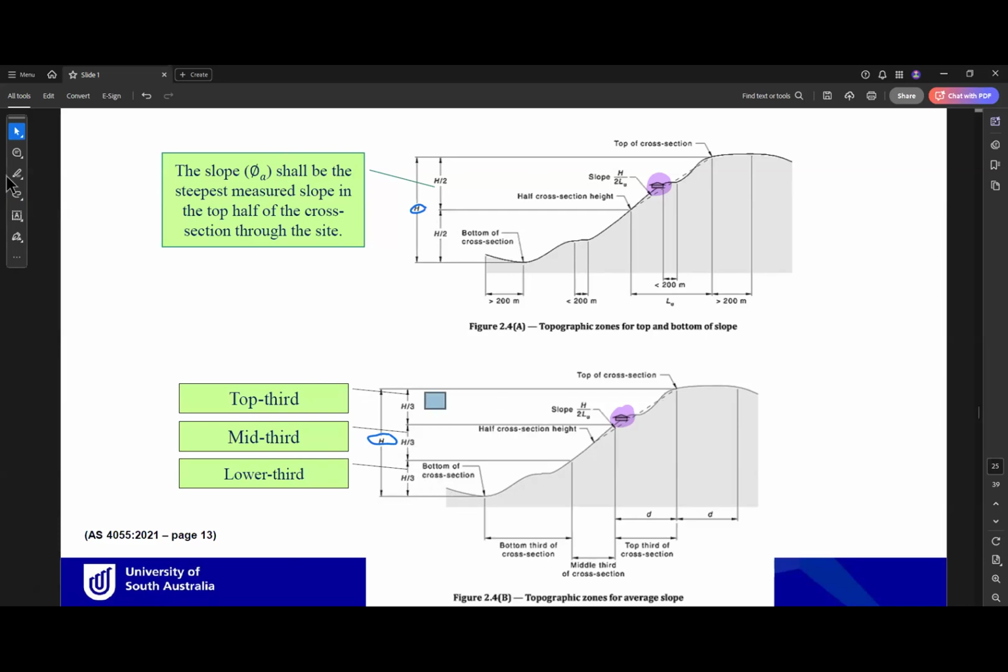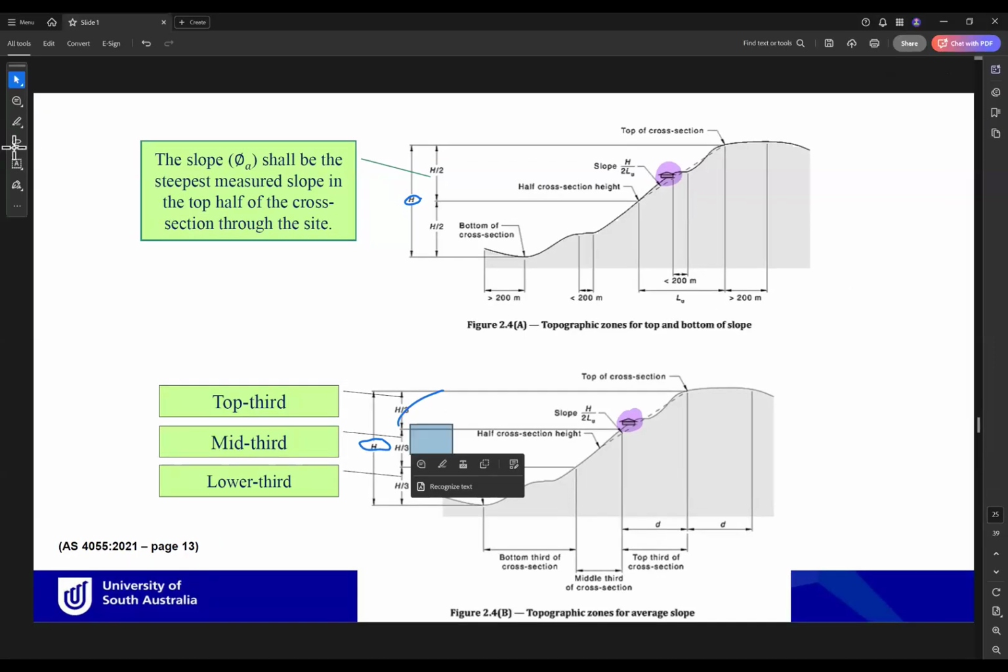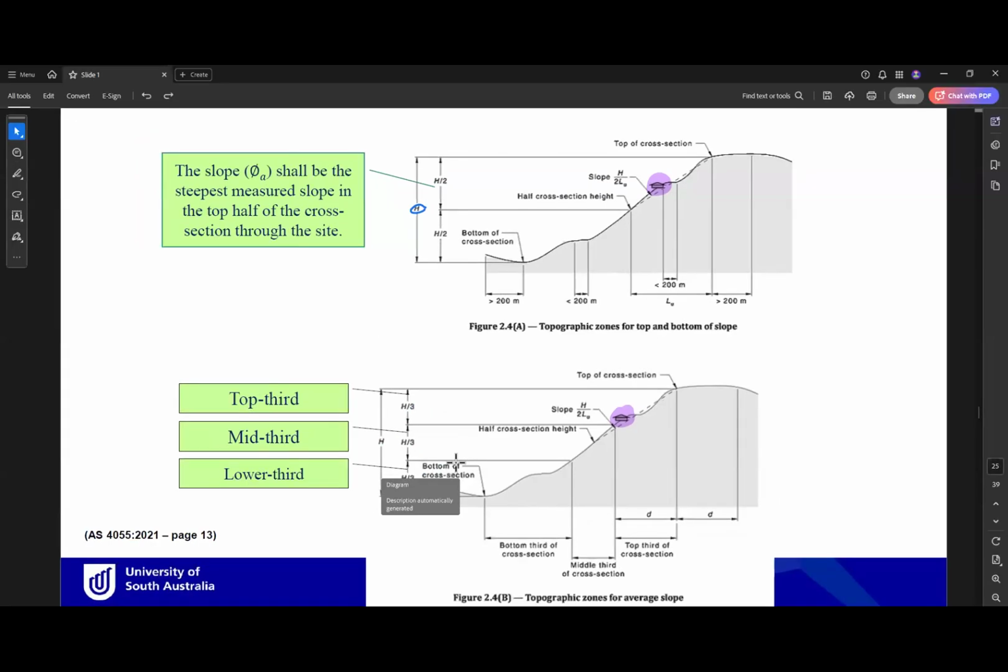So you have top third, mid third, and lower third. So these 3 thirds are the thirds given by the standard. This will help us to find this parameter.